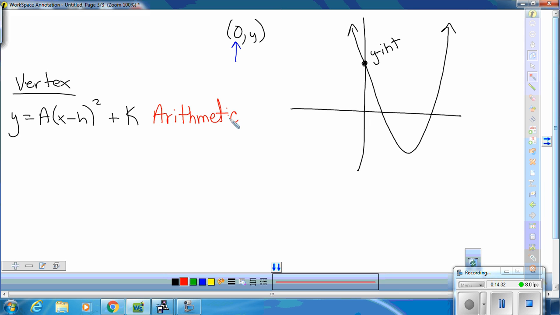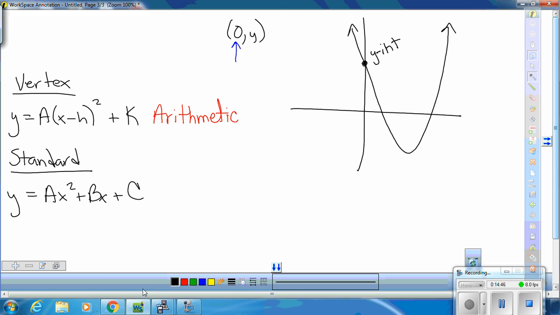Now the standard form, however, you don't even have to do arithmetic, not really. When it's in standard form, if you remember, y equals ax squared plus bx plus c. Well, if I'm plugging in 0, 0 times anything is just 0, which means that this just cancels out, and this just cancels out, and the only thing I'm left with is c.